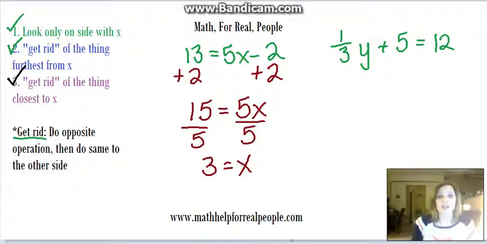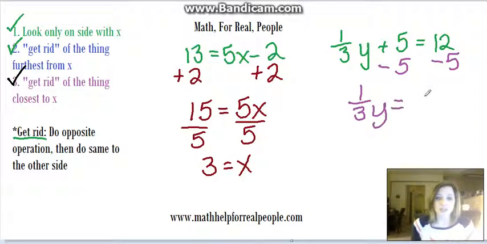Look at this problem. So we look only on the side with the variable. I switched it to be y. It's crazy, I know. But you can have any letter you want. So we go ahead and get rid of the thing furthest away from it first. So I need to subtract 5. And I'm left with 1/3 y equals 7.